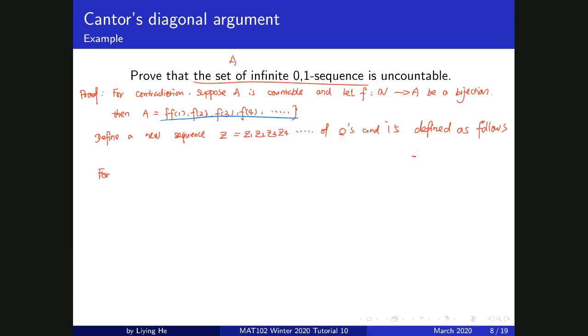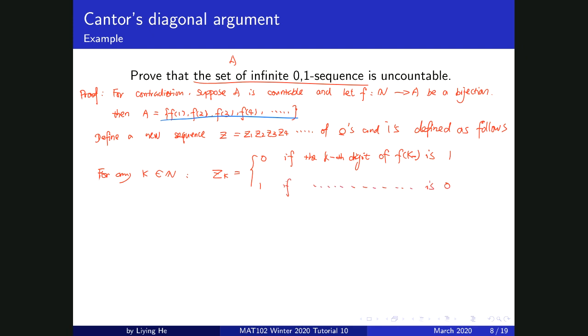For any k in the natural numbers, zk equals 0 if the kth digit of fk is 1, and it is 1 if the kth digit of fk is 0.